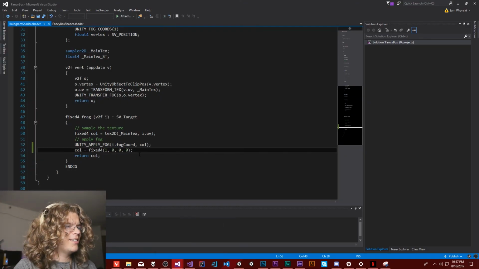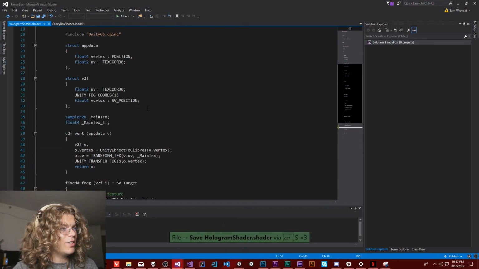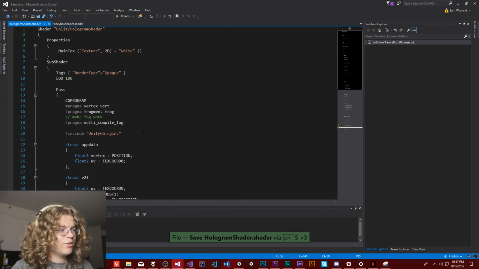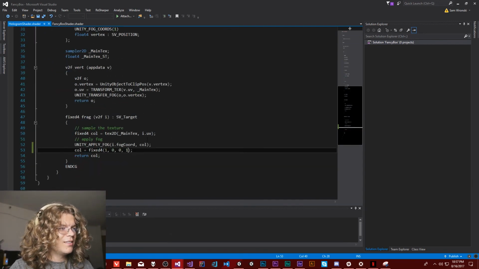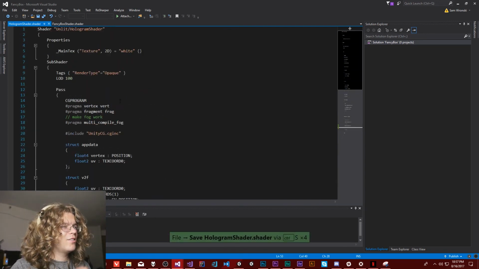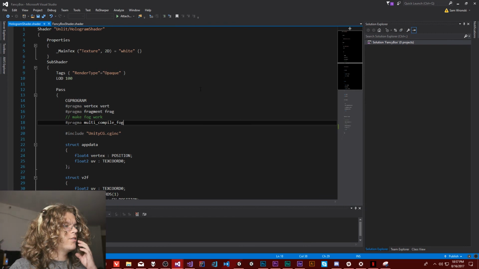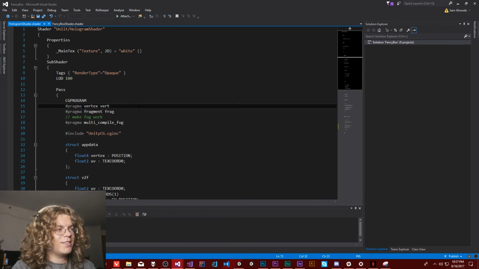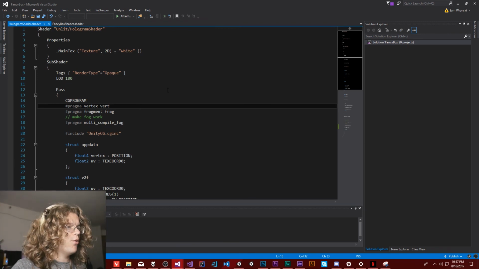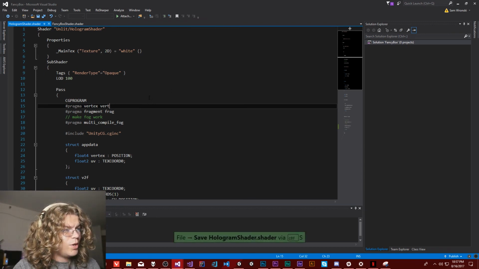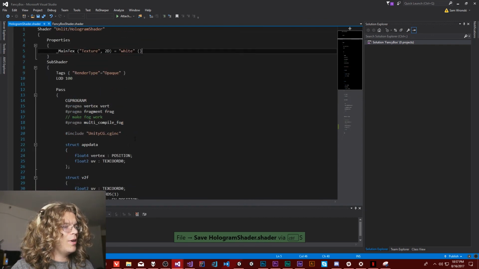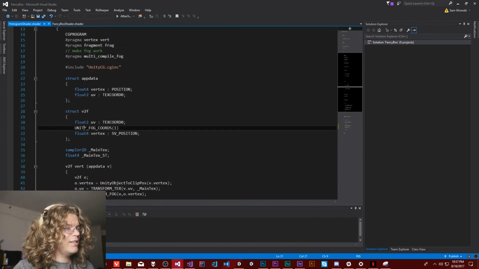Ignore both of those. Alpha channel is ignored unless we specify it to actually render with the alpha channel. Cool. There's compile flags, so you'd specify up here that you would like it to be an alpha shader. So if you're using standard shaders, that'd be fade or transparent, or the alpha clip. But anyway, we don't care about any of that.